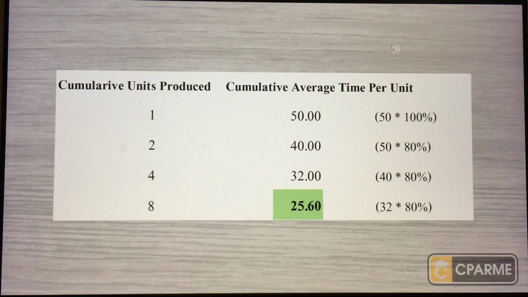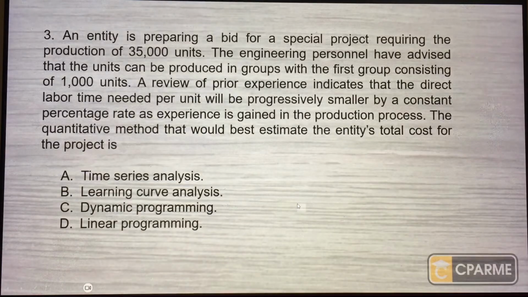Okay, let's see the next problem. The quantitative method that would best estimate the entity's total cost for the project is: an entity is preparing a bid for a special project requiring the production of 35,000 units. The engineering personnel have advised that the units can be produced in groups, with the first group consisting of 1,000 units.